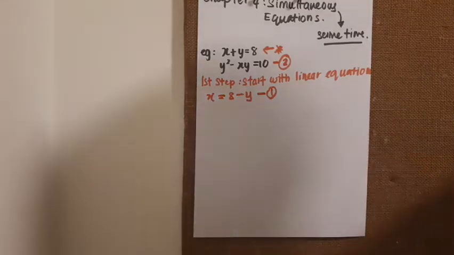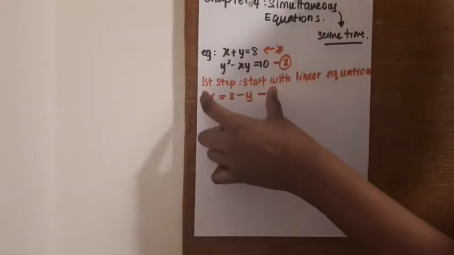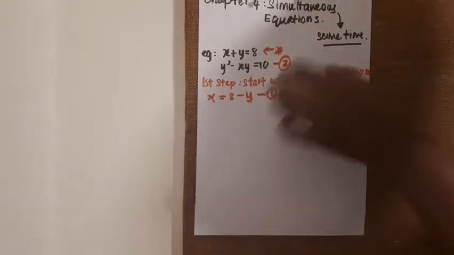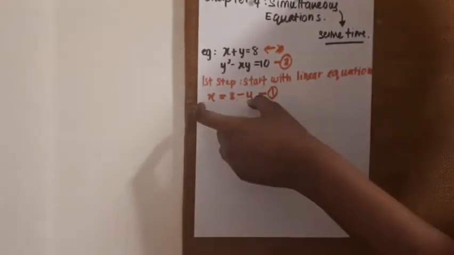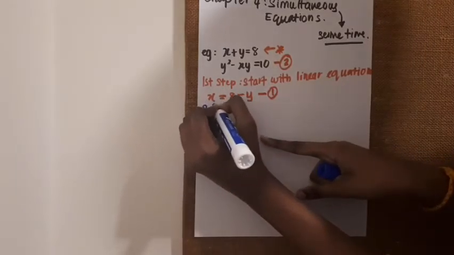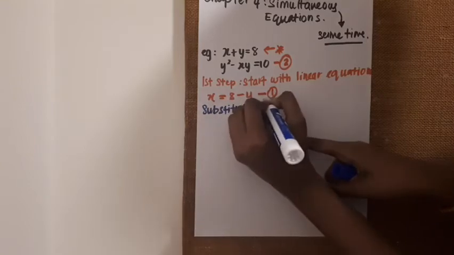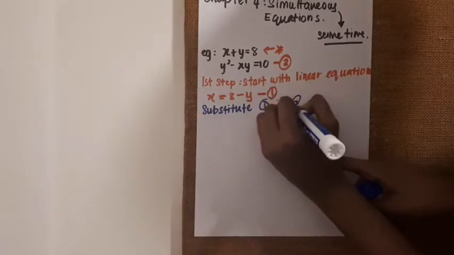So we have changed this linear equation to another form, equation 1, by making x the subject. Now we are going to substitute 1 in 2.